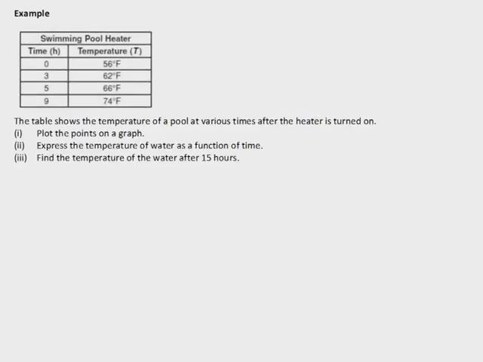The table shows the temperature of a pool at various times after the heater is turned on. So we have the time after which the heater is turned on and the temperature which seems to be rising: 56, 62, 66, 74. Plot the points on a graph. So I'll take the x coordinate as time and the y coordinate as temperature.